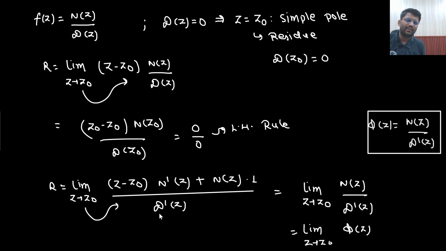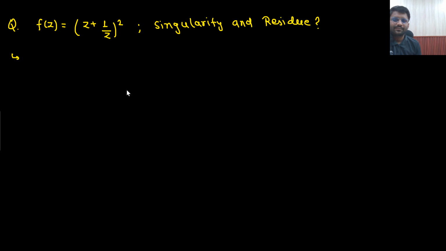So this will become d dash z, and this will become first as it is differentiation of second plus second as it is differentiation of first. Just put the limit, you will get the answer. Understandable? So this is the answer that we are getting: numerator as it is, differentiation of the denominator, and simply put the limit z tending to z naught. Easy question. Let's go to the next one.